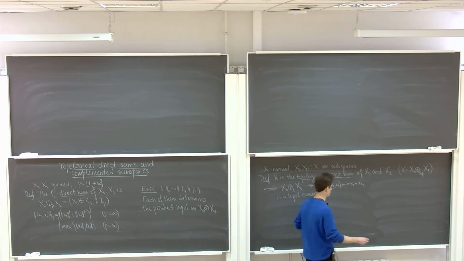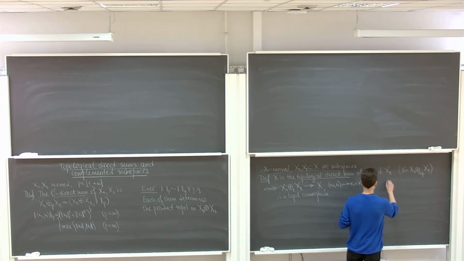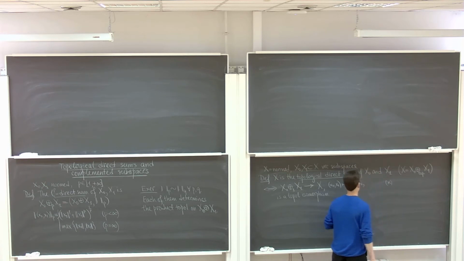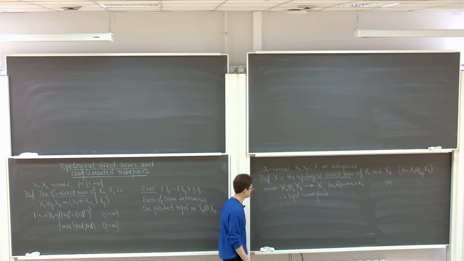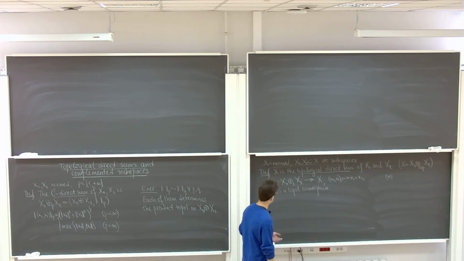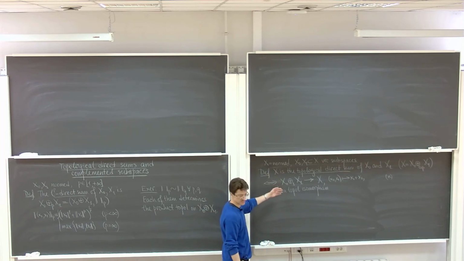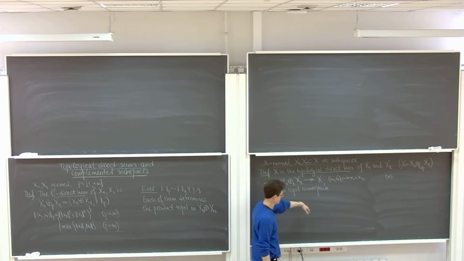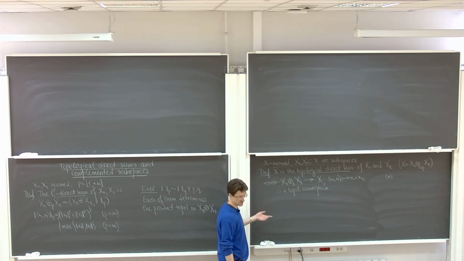So for convenience, let's denote this map by star. Well, let's observe that, in fact, this map is always bounded because of the triangle inequality. And it is an algebraic isomorphism if and only if X is the algebraic direct sum of X0 and X1.